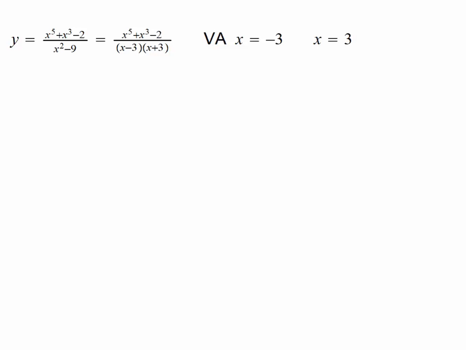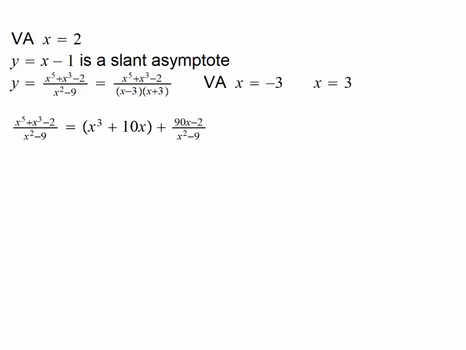And here what we would do is carry out long division. All right, so when we carry out long division, the quotient will be x cubed plus 10x and the remainder would be 90x minus 2. I did not show you the long division. You can carry it out and let me know if you have difficulty.